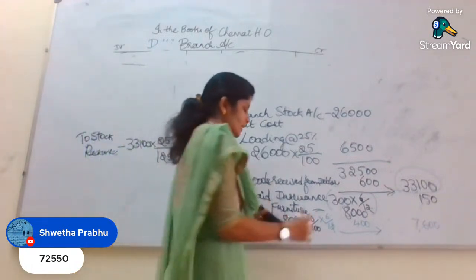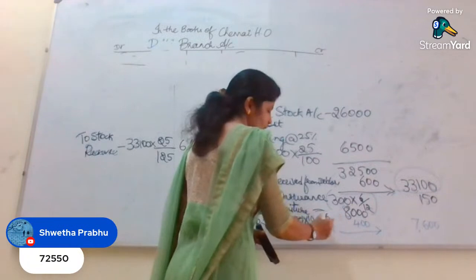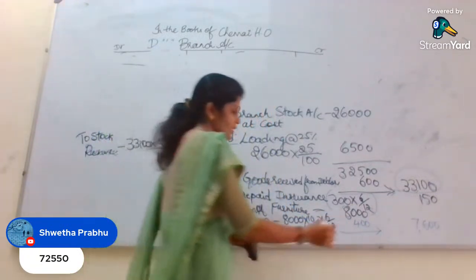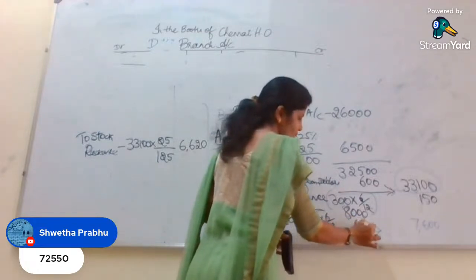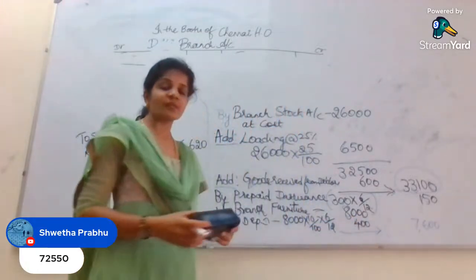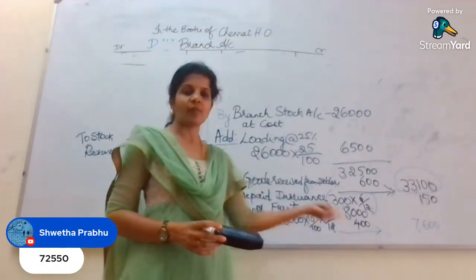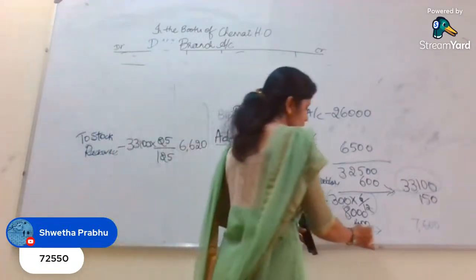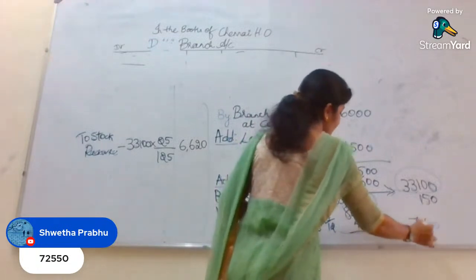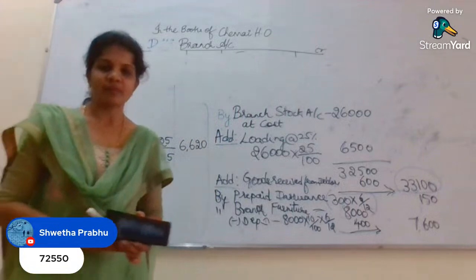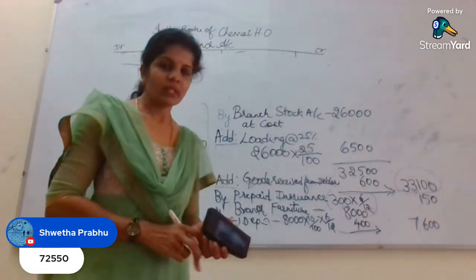So only 6 months of depreciation on furniture is to be charged. What is the depreciation amount? 400. This 400 rupees is to be deducted from the branch furniture in recording the closing asset. So the balance amount of furniture is 7,600. Everyone got it?